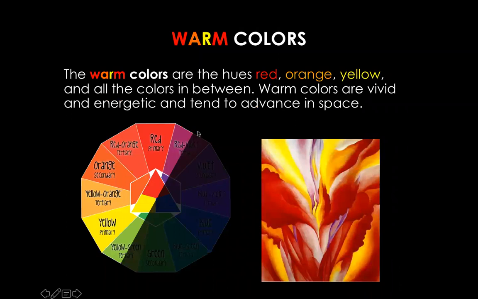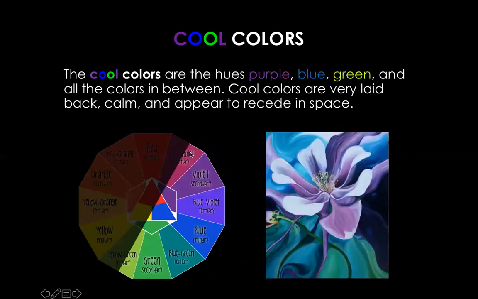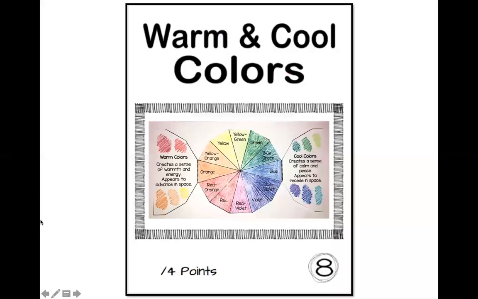Warm colors are made up of half of the colors on the color wheel. So if you were to split the color wheel down the middle between yellow green and red violet, this half of the color wheel is known as the warm colors. If you go to the other half of the color wheel, these are known as the cool colors. So on page 8, you are going to color your color wheel one more time.